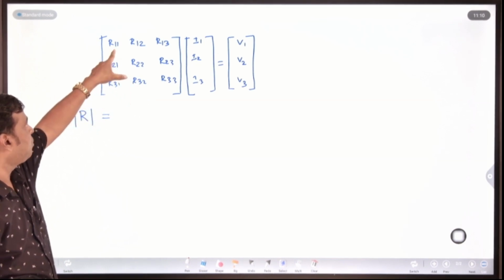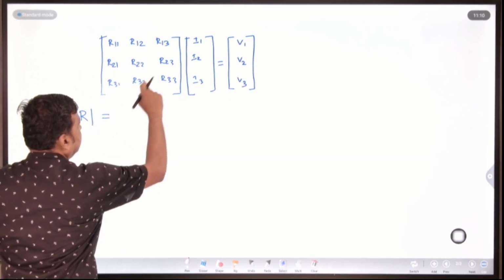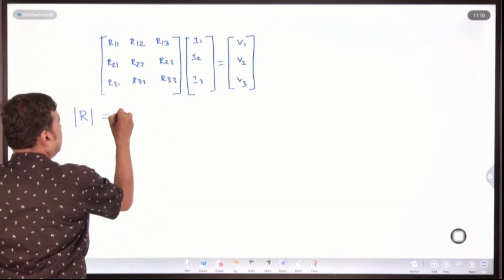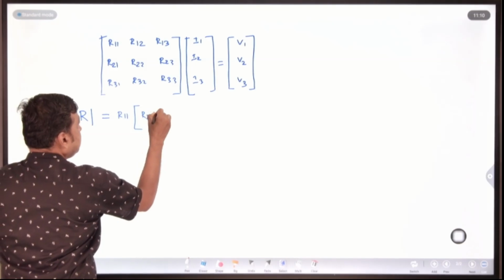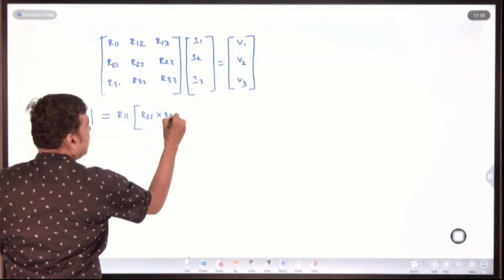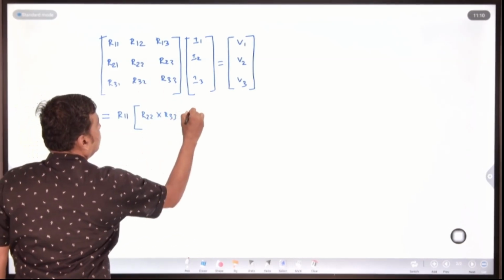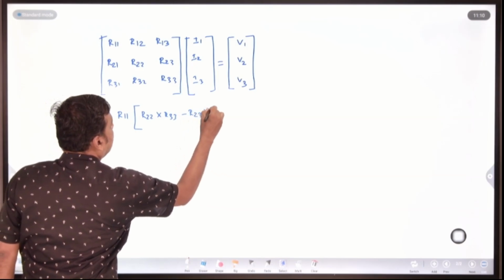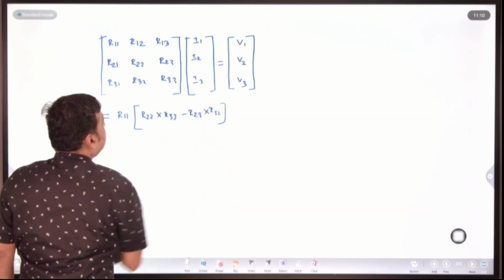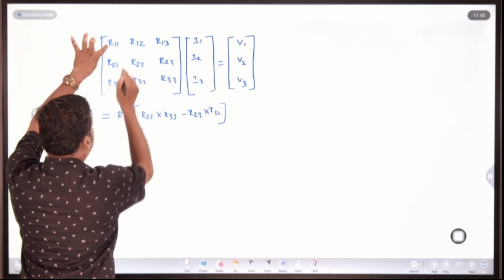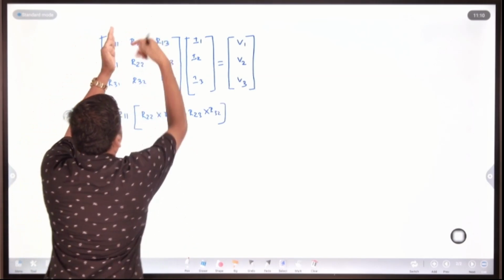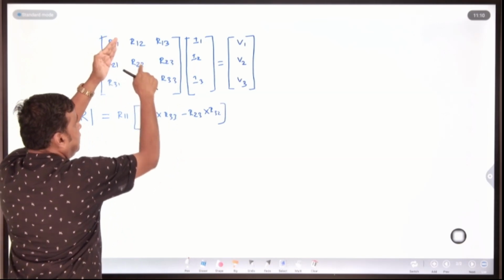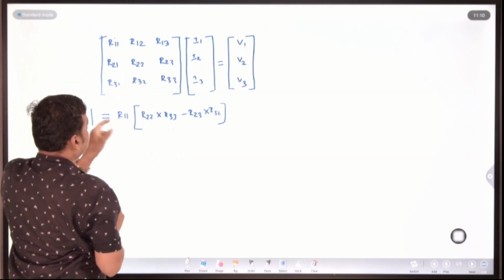If you multiply this into this minus this into this, R equal to how much? That is R11 whole into R22 into R33 minus R23 into R32, isn't it? If you close the row and column of R11, you will get these 4 terms. So this into this minus this into this, R11.